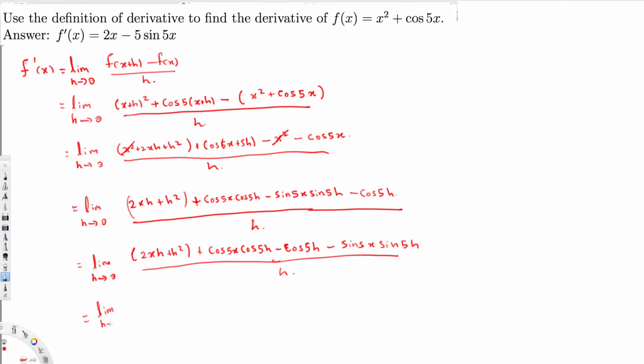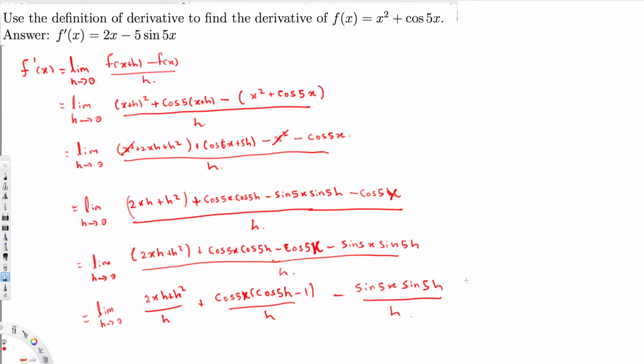Limit h approaches 0: the first part is 2xh plus h square over h, plus, I can take cos 5x common, so it's going to be cos 5x times cos 5h minus 1 over h, minus sine 5x sine 5h over h.